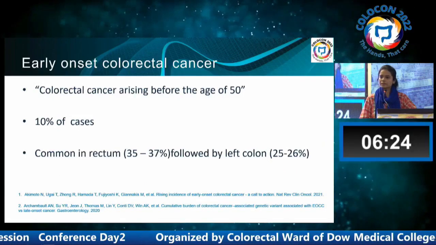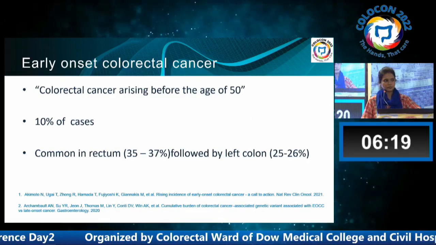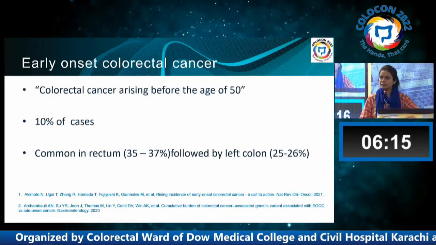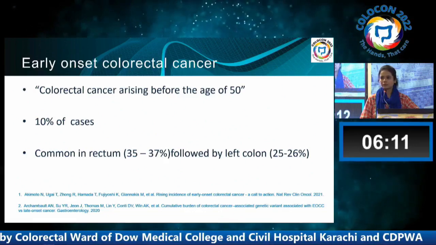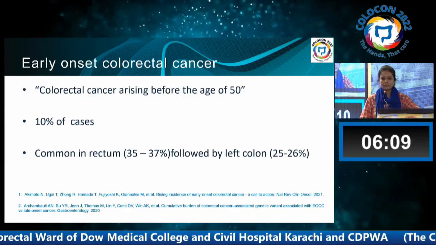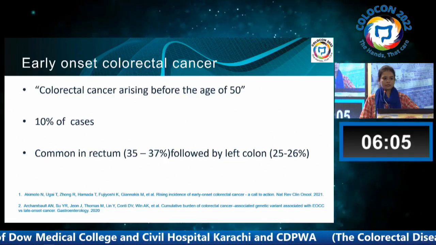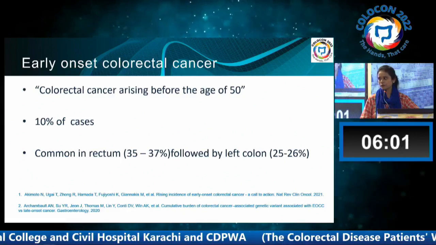Colorectal cancer is divided nowadays into two categories: early onset and late onset colorectal cancer. Any cancer that develops before the age of 50 years is called early onset cancer, which accounts for about 10% of the cases. And usually it affects the rectum and the left side of the colon.